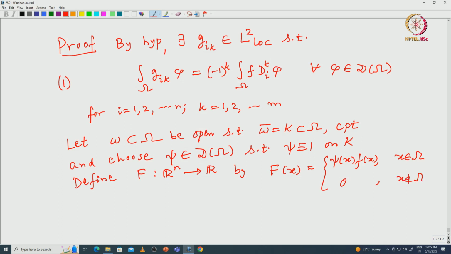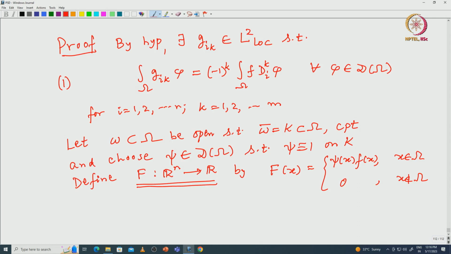So we are able to define a function on the whole of R^n, and we can make use of the Fourier transform, etcetera. From a local thing we are getting a function on R^n.